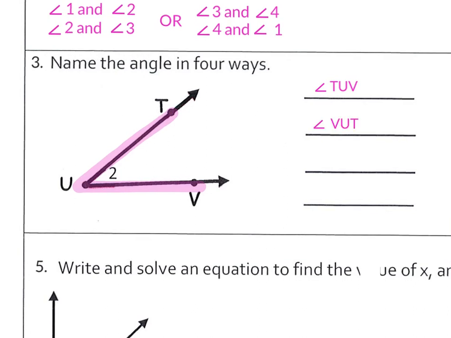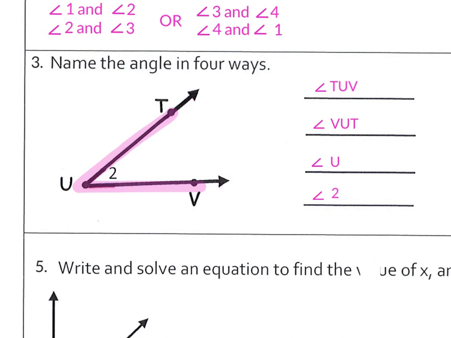A third way, since there's only this one vertex here, I could just say angle U. It's by itself, angle U. And the fourth way, because we have this number inside of here identifying this angle as angle 2, we can also just say that it is angle 2. So the big idea here is just making sure that we always trace the angle. They have to go in a way that if I start out and go through the letters the way that you are naming them, it will outline the angle that was given.